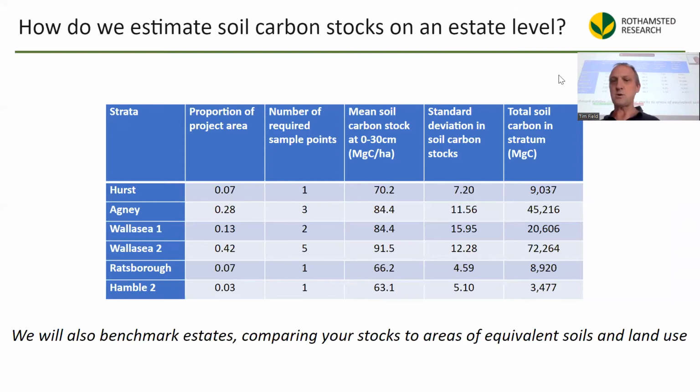So it's expressed as a standard deviation here. So it's how confident you can be in that number. And depending on whether the field was analysed in the lab or just scanned, that standard error will be smaller or larger. And then you can scale up to whatever scale you want in terms of the total carbon stocks that you've got in your different land use types or soil types.